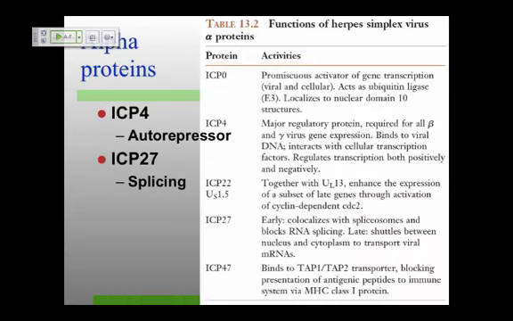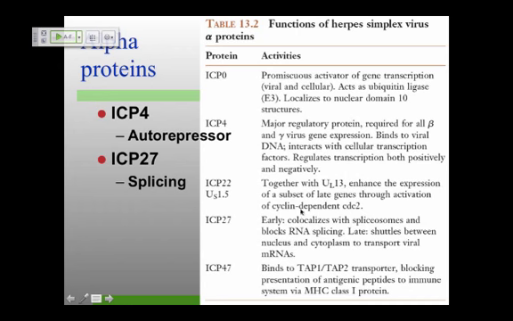What are the alpha proteins? These are the first ones which are getting made. This is not stuff which is in the tegument. These are the genes which are getting transcribed. Infected cell protein 0, infected cell protein 4, a number of these. But the main thing that these guys are doing is activating transcription, activating gene expression, enhancing expression of late genes.